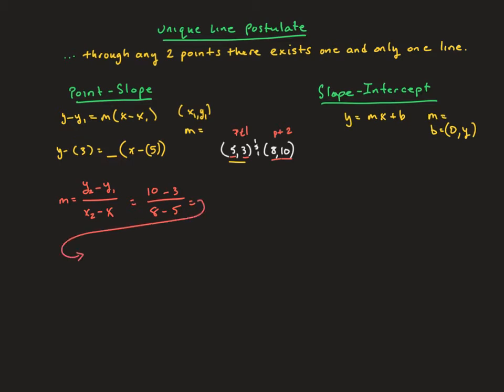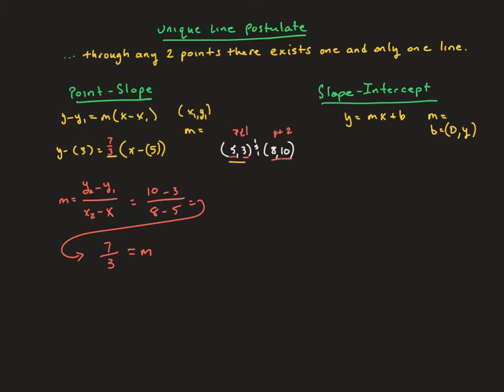I'm going to end up with 7 divided by 3. 10 minus 3 is 7, 8 minus 5 is 3. So 7/3 is going to be m. I can write that in here. 7/3, that's my slope.